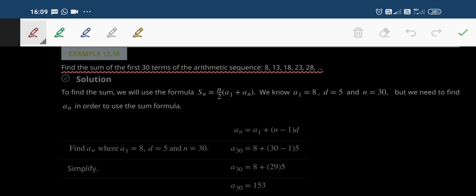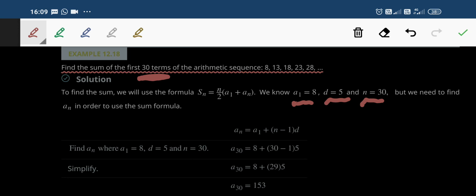The first term is 8. What is the common difference? The common difference is 13 minus 8, so d is 5. Then how many terms do you want to find the sum of? The first 30 terms. So n is equal to 30.